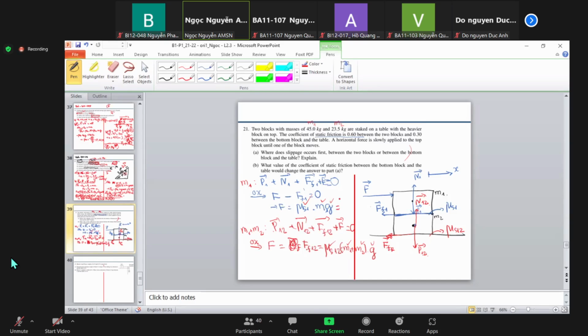Let me find. Can you calculate it and tell me the value, please? 0.6 multiplied by 45 multiplied by 9.8 equal what? 264.6 newtons.